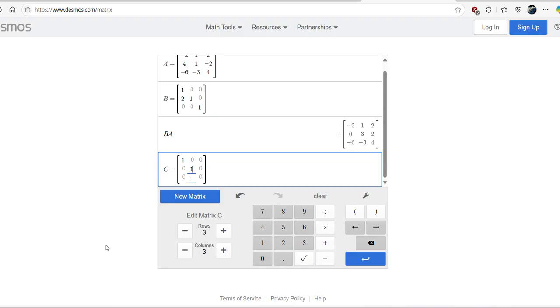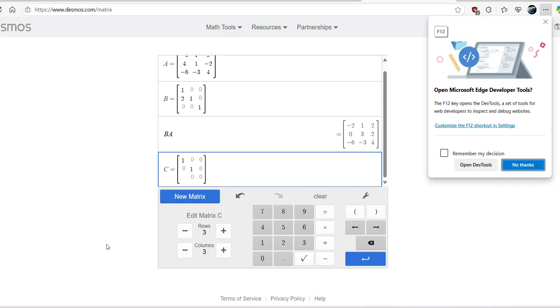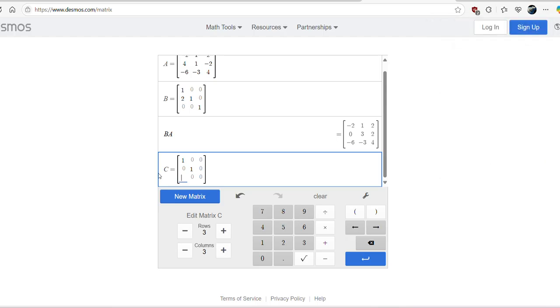Upper triangle's fine. So what we would do is -3 times the first row is what would give us a zero in that position for the third row. This is -3 times -2, +6, added to -6 rather, and that'll give us a zero there.